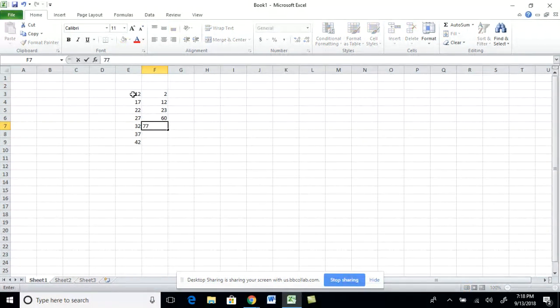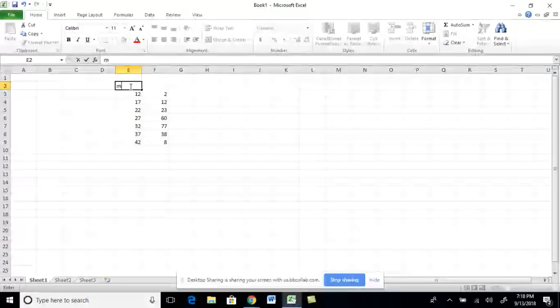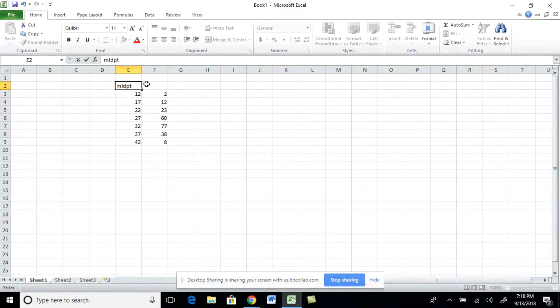My left column is the midpoint of each of my intervals, and the right column is frequency.